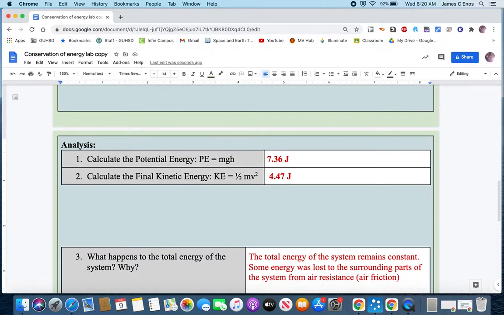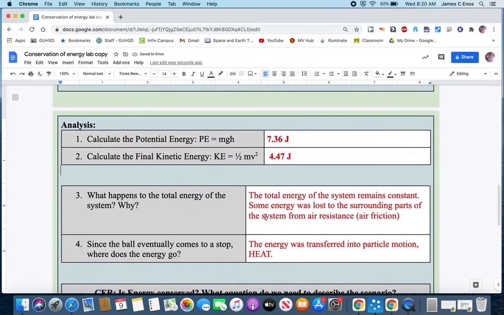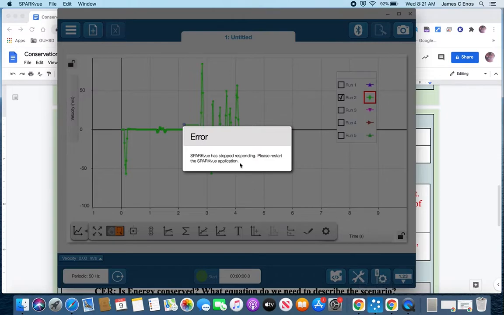But we do know something about energy in the system. We do know that the total energy of the system has to be constant, where some energy is going to get lost to the surrounding parts of the system in the form of air resistance, that air friction. And some of the heat will get transferred into the particle motion. We may have been able to see it on our graph.